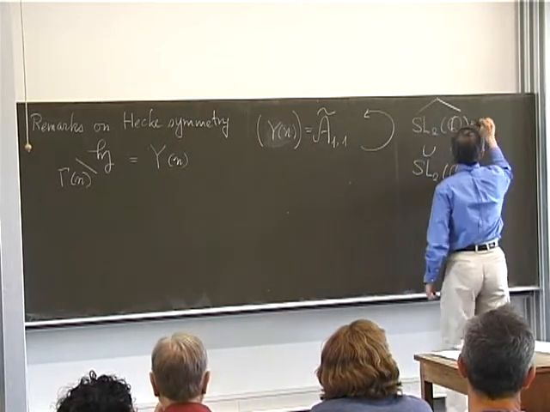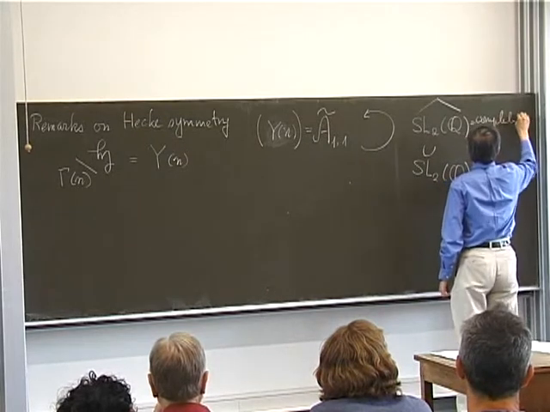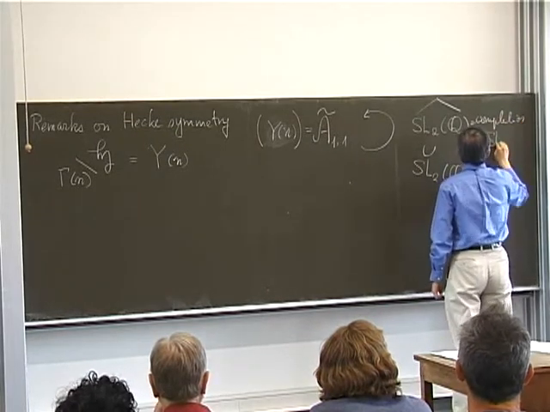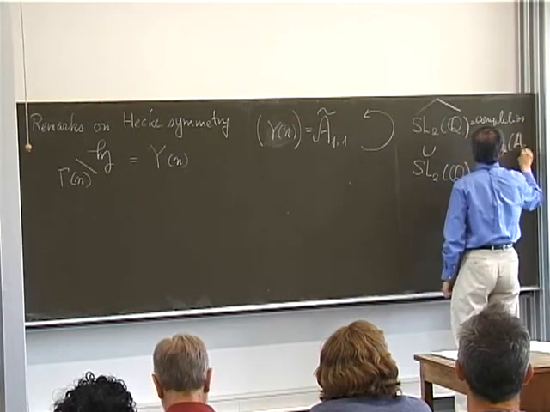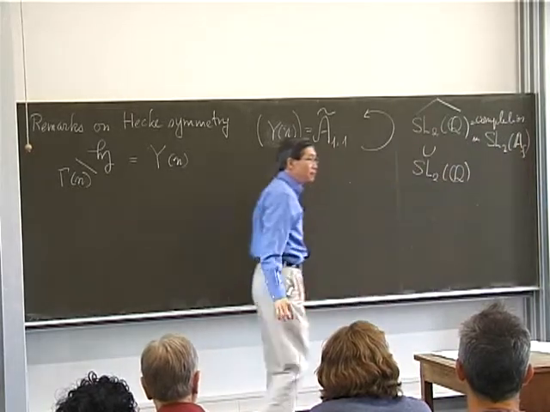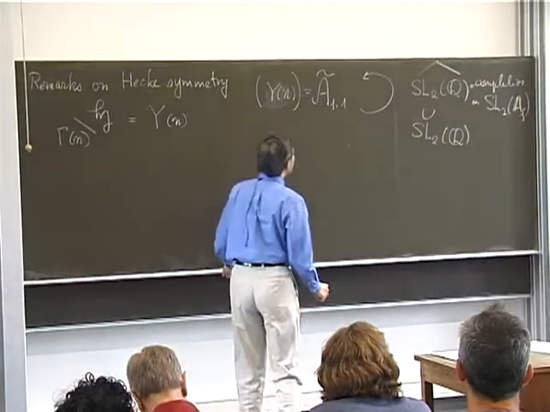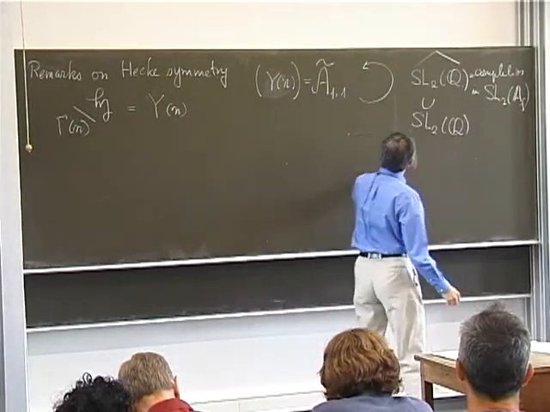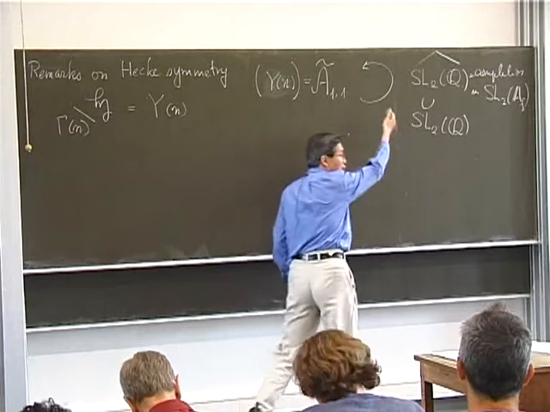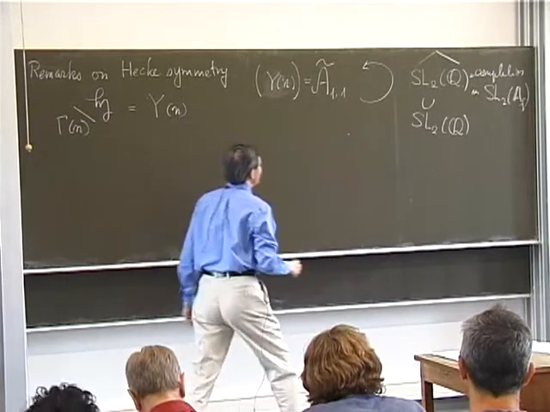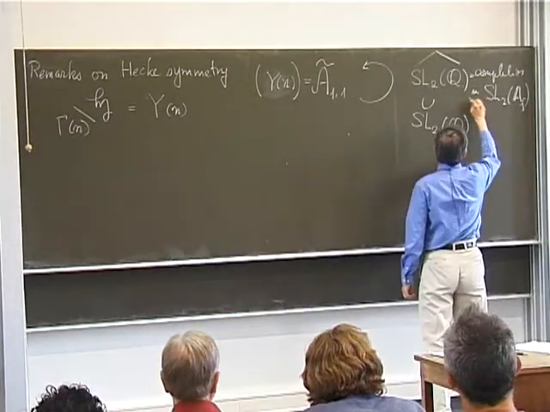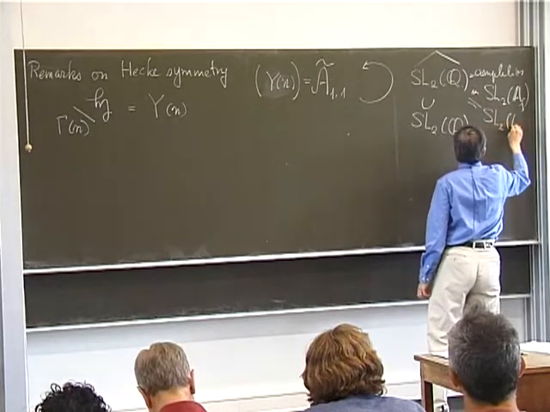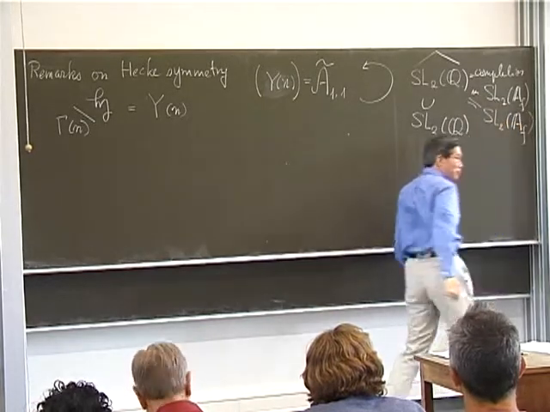This is the completion in SL2 of the finite adeles over Q. And in fact, this is actually equal to SL2 of the profinite completion by strong approximation.